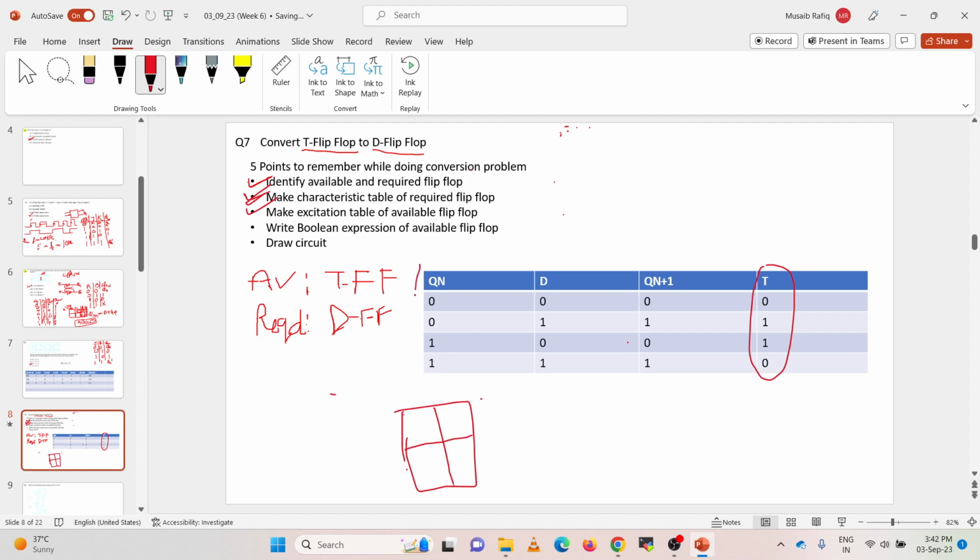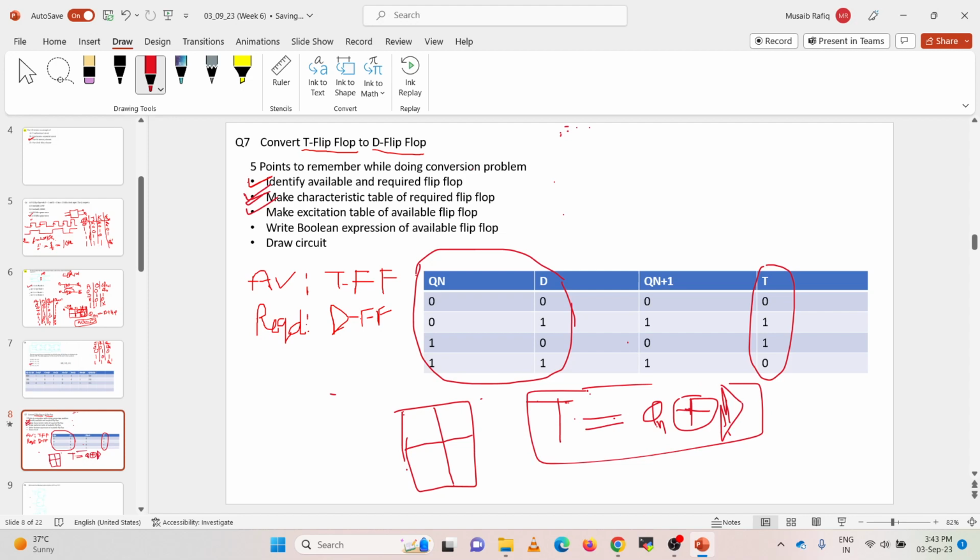But if you simply look at this, even without taking help of a K map, this is simply an XOR operation between Qn and D. So T is equal to Qn XOR D. So your T, that is the input to the available flip-flop, is equal to Qn XOR D.